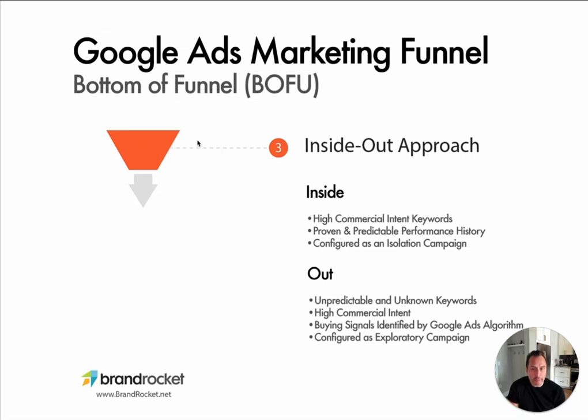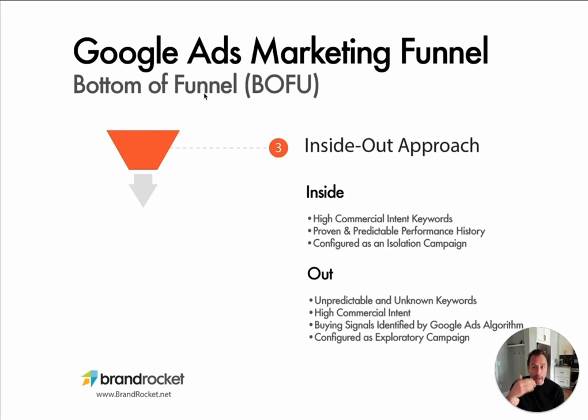So here's the bottom of the funnel, and what we deploy is called an inside-out approach. The inside of the funnel would be your typical high-intent keywords, the ones that you can pre-identify through research or through working with other accounts that are very similar. These are the keywords that you know you're going to isolate, protect, and bid appropriately to the top of the search results, because they come to fruition through pattern recognition, right?